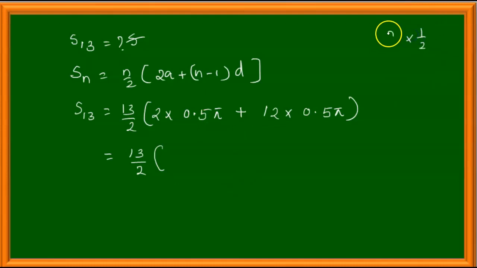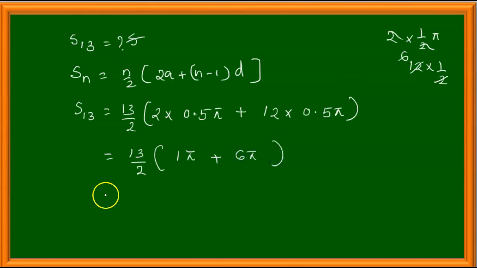So 1 by 2 into 2 into pi is 1 pi. The same here, 12 into 1 by 2 becomes 6 pi. Understood or not? So 13 by 2 into 7 pi.